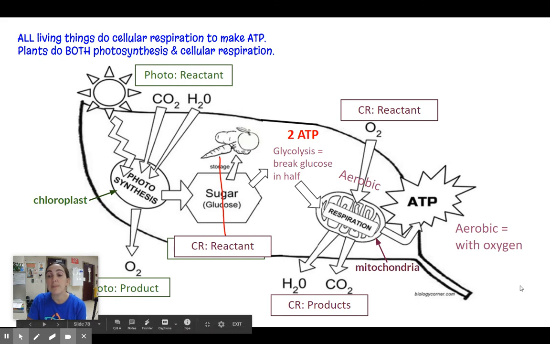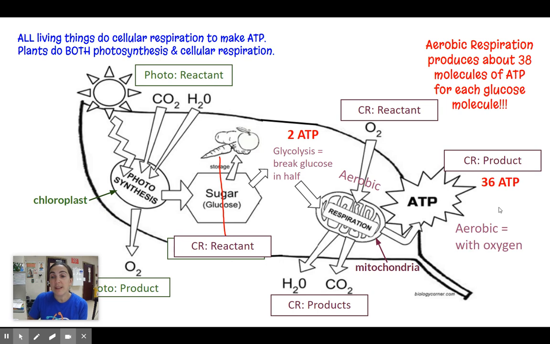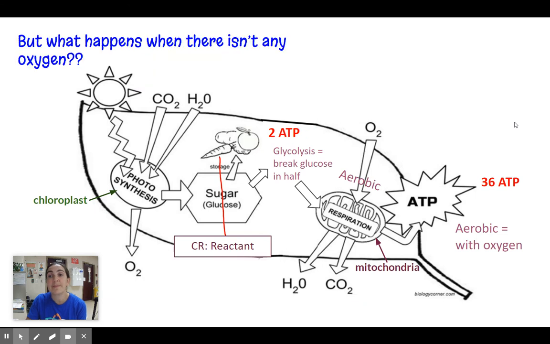But of course, the most important product and the purpose of this whole thing is the ATP that's made. And the reason they call the mitochondria the powerhouse is that this part produces the most ATP. There's 36 molecules of ATP that are produced for every one molecule of glucose broken down. And so total, aerobic respiration, that whole process of taking a glucose molecule and breaking it down, produces about 38 molecules of ATP for every glucose molecule. So it's a very efficient way to make energy.